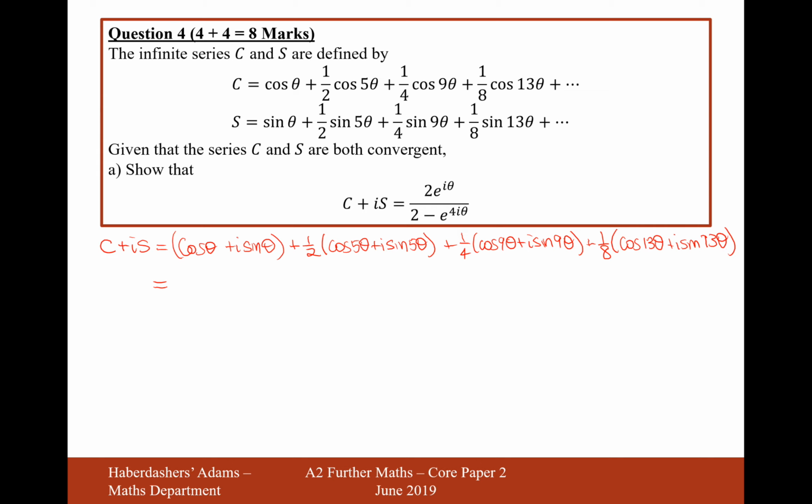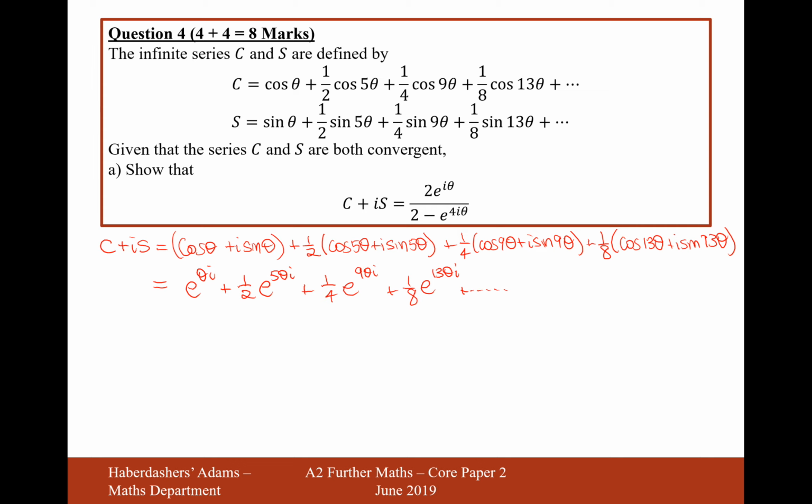Now let's write each of these four complex numbers in exponential form. So it's going to be e to the i theta plus a half e to the 5 theta i plus a quarter e to the 9 theta i plus 1/8 e to the 13 theta i, and then this will carry on.